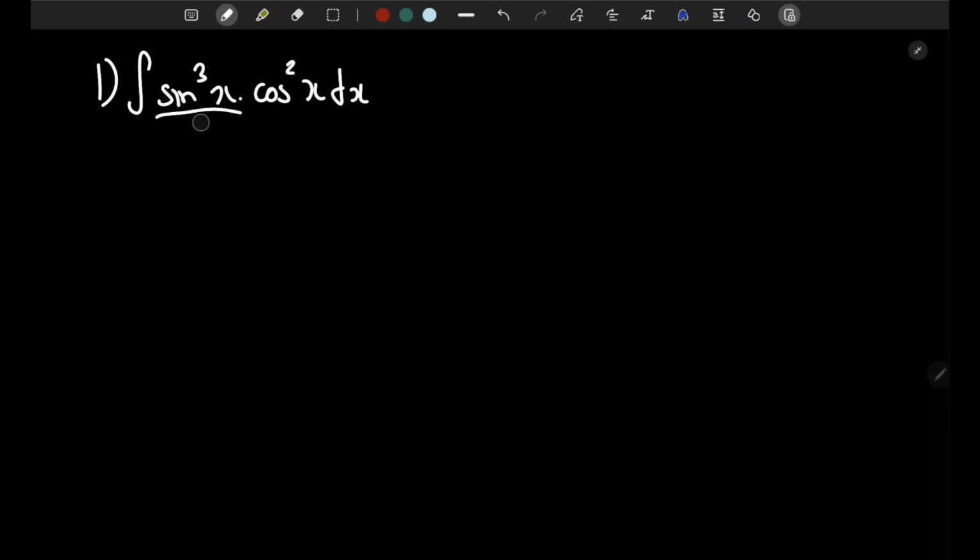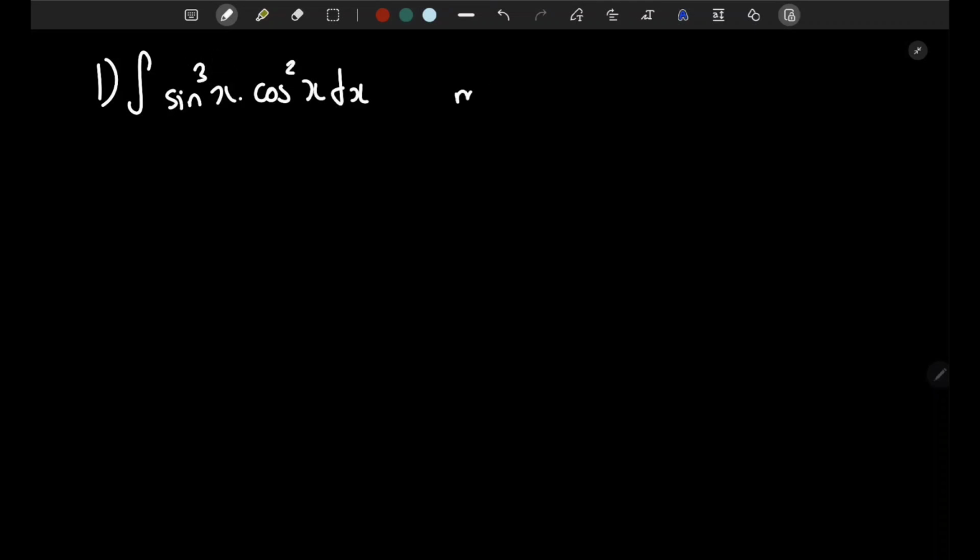Now if we chose sine as our u, the derivative of sine is cosine, and that will cancel one of the cosines, but there will still be one left. So that is why we cannot use u substitution. That's why we need to go back to our three cases that we mentioned before, and we realize the power of sine here is 3.